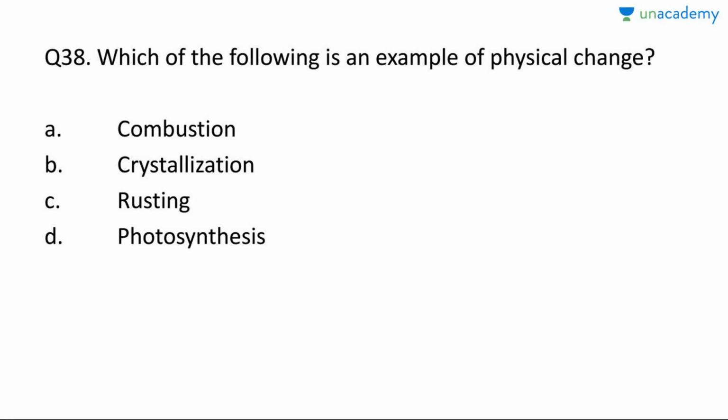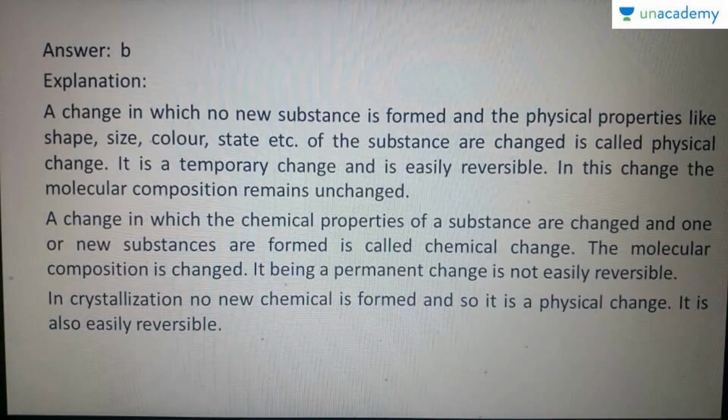Question number 38. Which of the following is an example of a physical change? Combustion, rusting, photosynthesis, all these are examples of chemical changes, but crystallization is an example of a physical change. A change in which no new substance is formed and the physical properties like shape, size, color, state, etc. of the substances are changed is called a physical change. It is a temporary change and easily reversible.